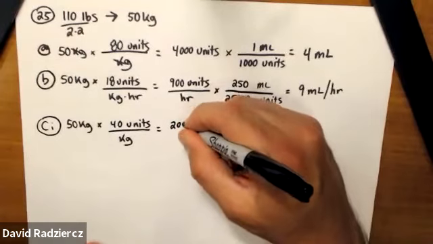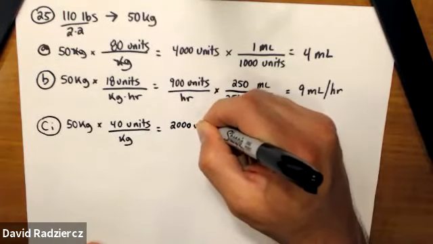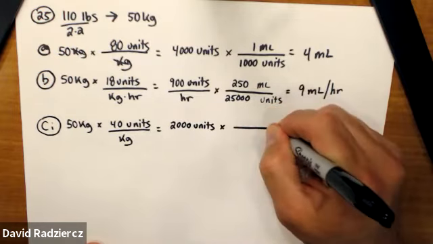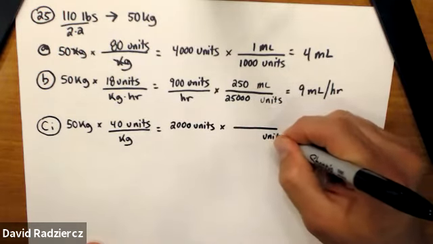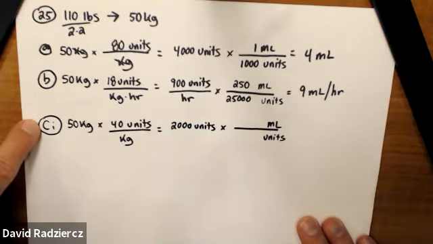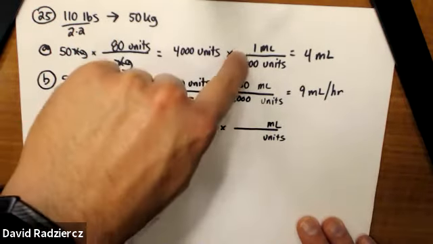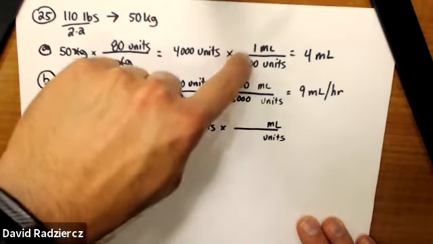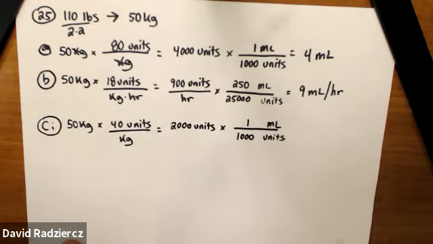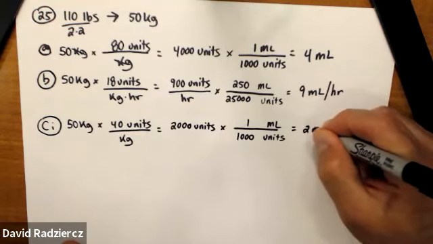We get 2,000 units. And then I need to convert units to milliliters. And again, we're calculating a bolus, so we're going to use the bolus dosage strength. And I get 2 milliliters.